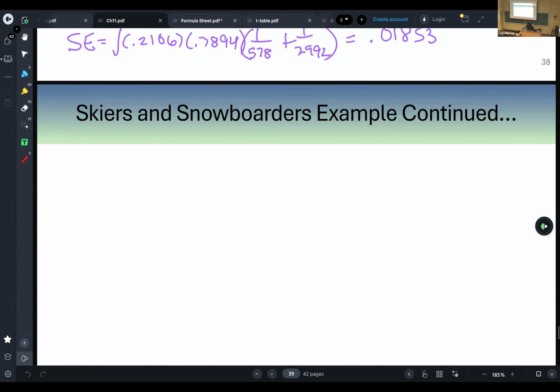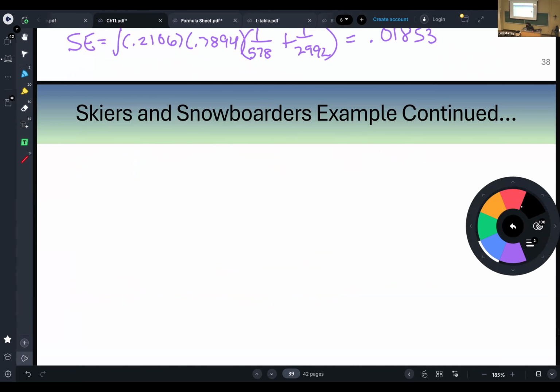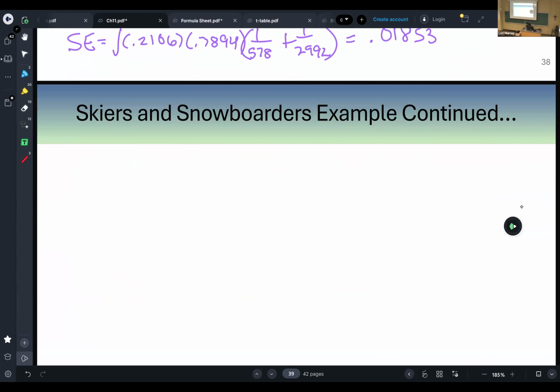We need to state our null and alternative hypothesis. The notation is H naught. H naught means initial, so it's our initial claim.